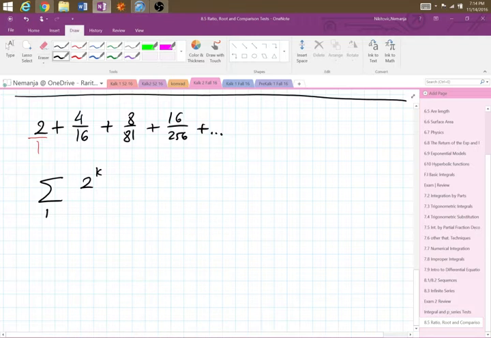Right? Now the bottom says 1, 16, 81, 256. K to the 4th? Like this? Goes to infinity.